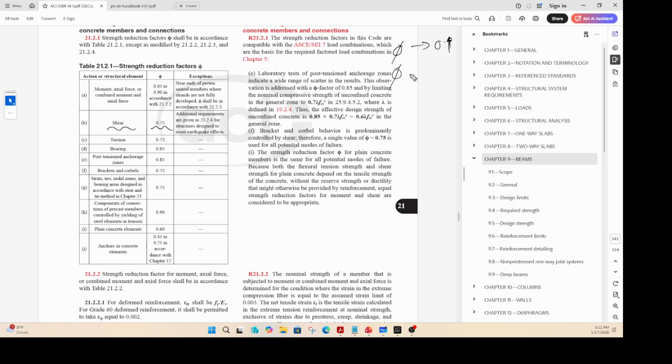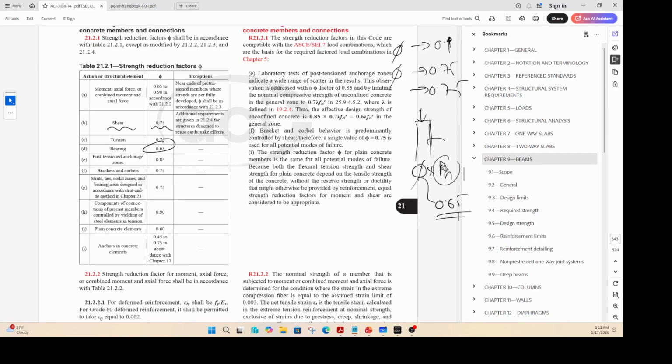Strength reduction factor when it comes to shear is 0.75, right? Strength reduction factor for torsion is also roughly 0.75, bearing 0.65, and column compression. You have a column and you're subjecting the column to compression. You find your nominal strength, and you multiply with the strength reduction factor, and that is usually 0.65. The reason is that a column can be subjected to buckling, and it's more crucial.